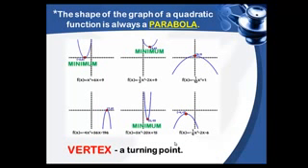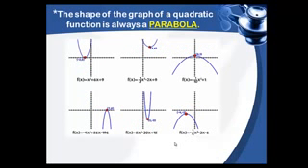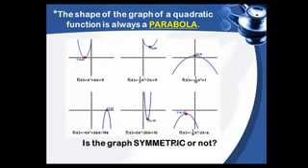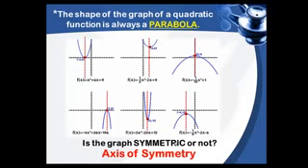Here, the vertex is at its minimum point. This one, the vertex is at its maximum point. The axis of symmetry divides the parabola into two equal parts.